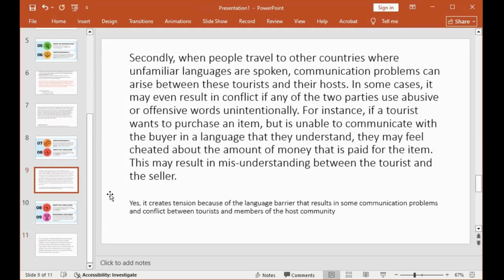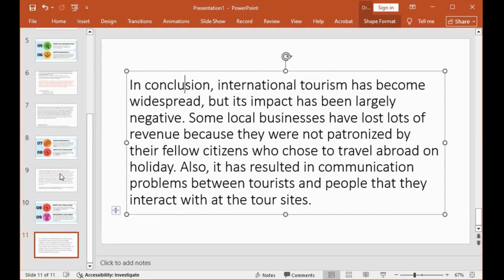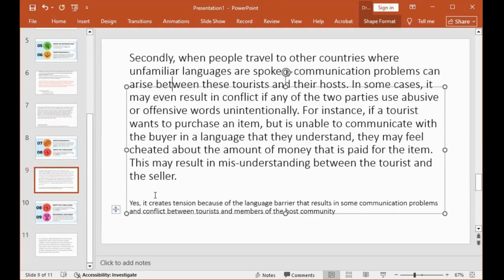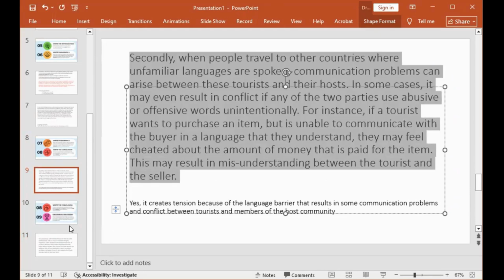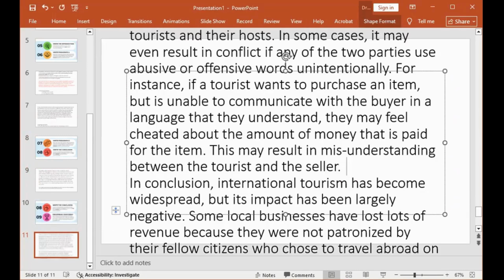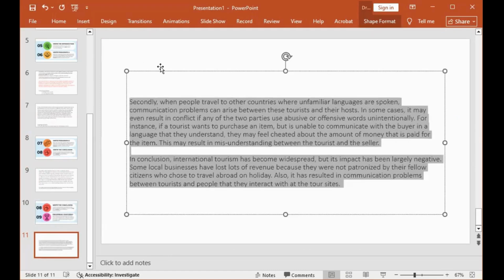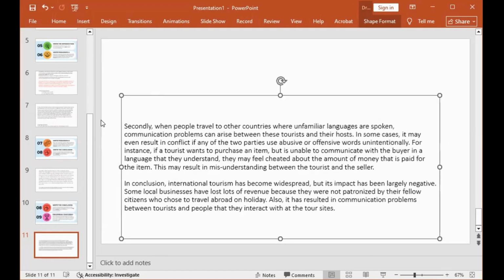So let me bring everything together now. So this is our conclusion. I'm going to copy this paragraph 3, add it to the conclusion. Okay.